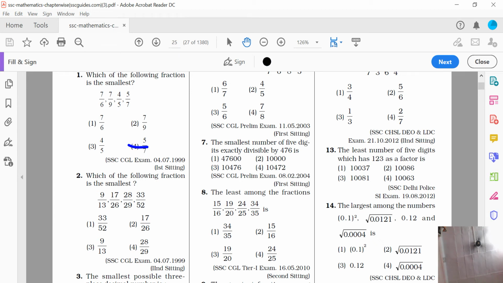The problem says that the smallest number of 5 digits exactly divisible by 476 is, and the options are 47600, 10,000, 10476 and 10472.